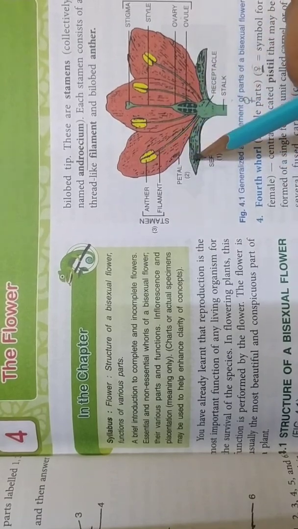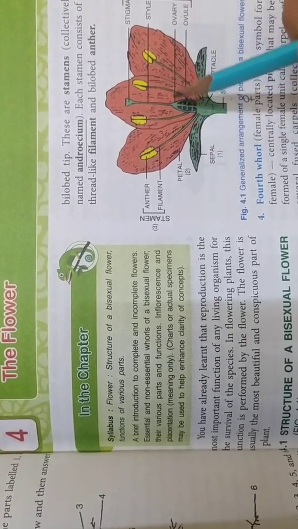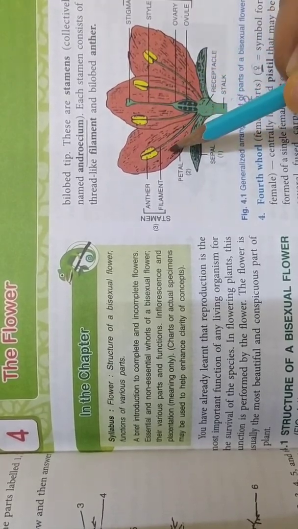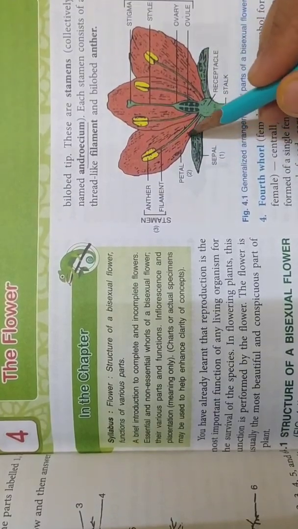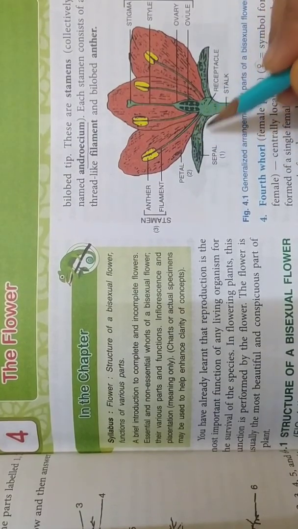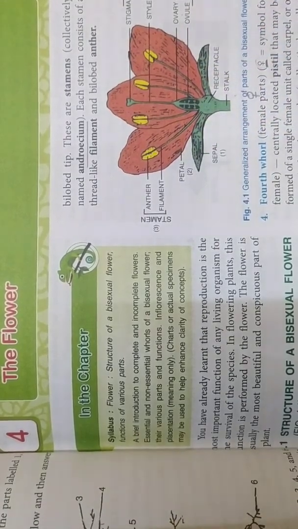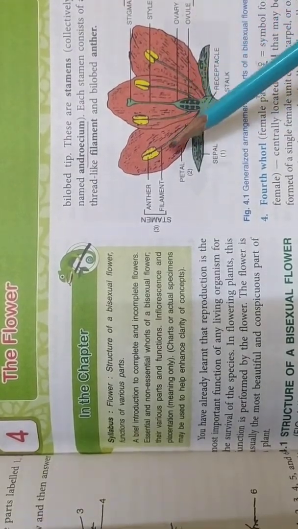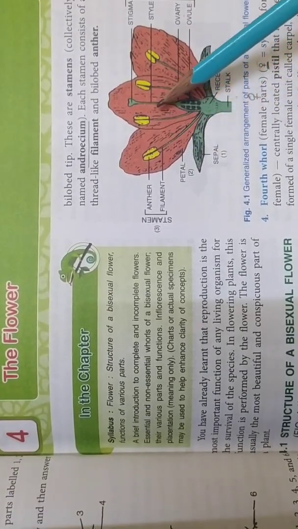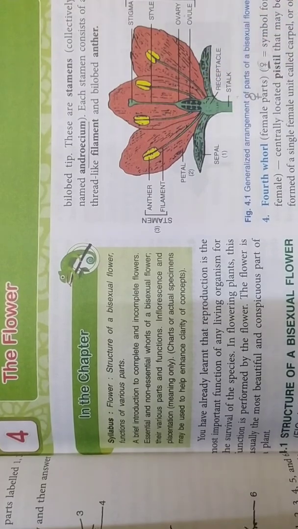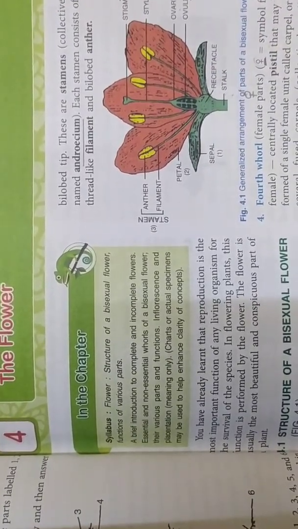Petals and sepals help in pollination and in protection of these parts, so we call them non-essential, because they do not take part in reproduction directly, but they help in one way or another. There are flowers which may not have petals and sepals, and have only essential parts, that is androecium and gynoecium. So it depends upon the type of flower.